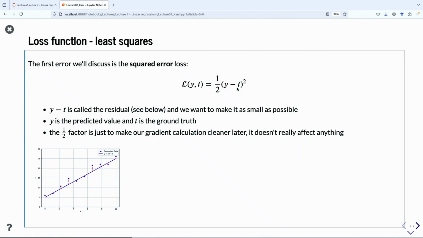Back to the point about the 1/2 factor, it makes things cleaner because it'll cancel out the 2 when we take the gradient of the loss, but it also doesn't really affect anything. Minimizing 1/2 x is the same as minimizing x. X would still be equal to 0 in both cases.